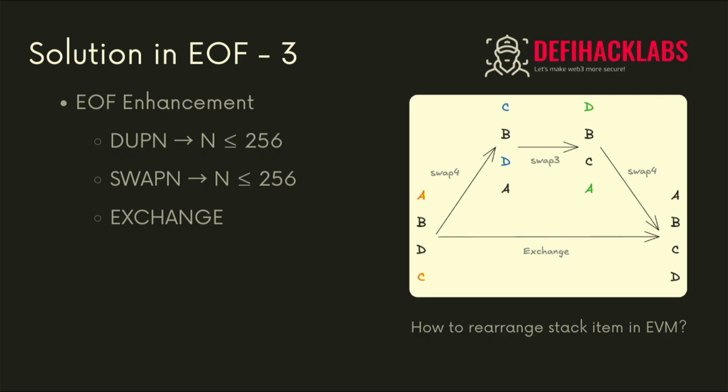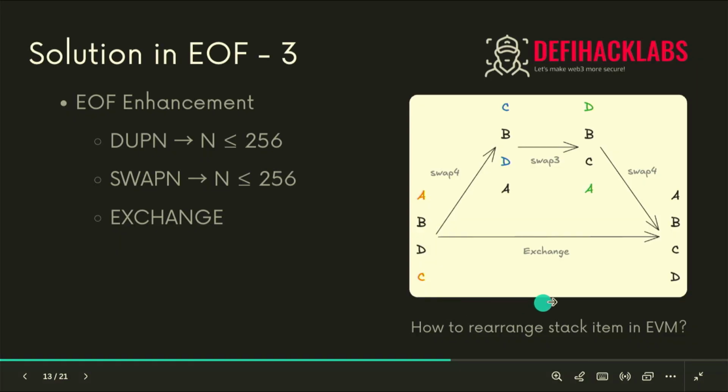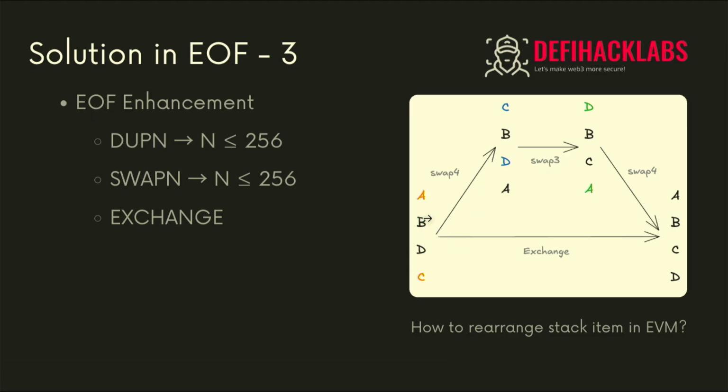So how will this improve the EVM? You could check this stack ordering here. We originally have the stack ordering A, B, D, C, and we want the final result to be A, B, C, D. In the past, we needed 3 swap operations.